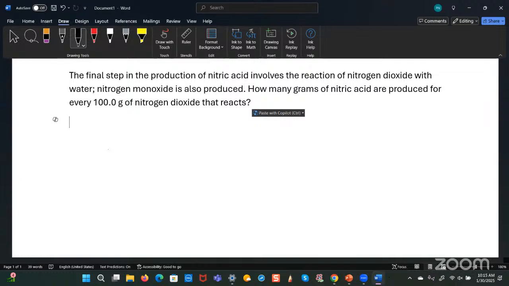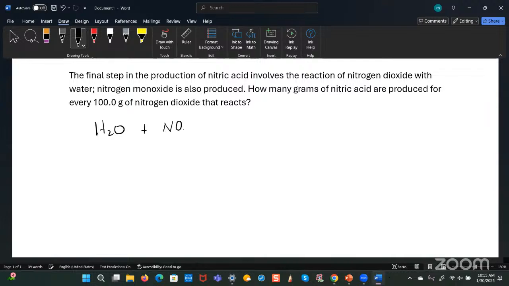You need to determine what the equation is, right? So I want you to look at how the question is worded. And I want you to tell me, firstly, what are the reactants and then what are the products? So let's start off with reactants. Based on how the question is worded, what are the reactants involved in this reaction? Okay, so H2O and NO2.